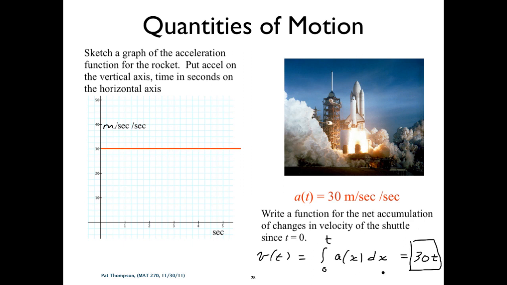We always have to put these in GC and let the computer do it, going through making intervals really small and accumulating tiny bits. We don't want to do that. We want to let the computer do that for us. This then is called a closed form. It's very easy to compute values of velocity, because all you do is multiply 30 times whatever time you're talking about.